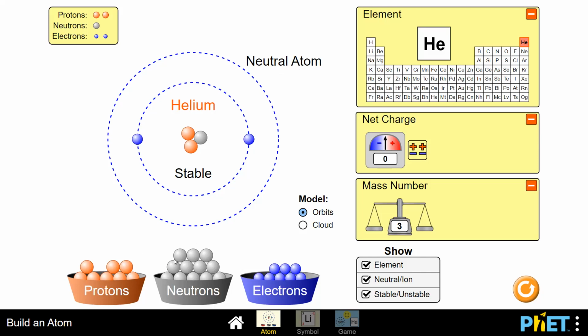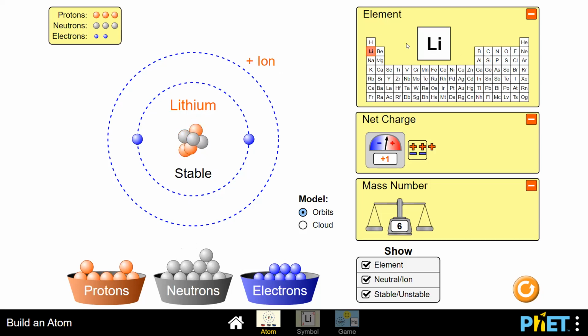If we add 1 neutron, it will be stable. Let's see, if we add 1 more, it becomes unstable. But if we add a proton, we change the element and it becomes lithium.